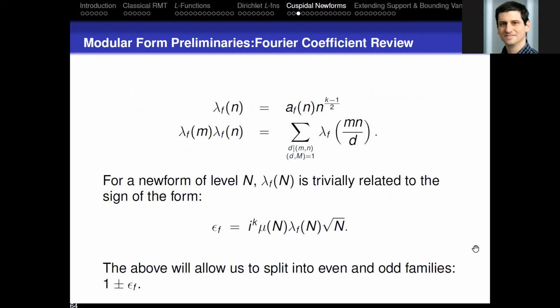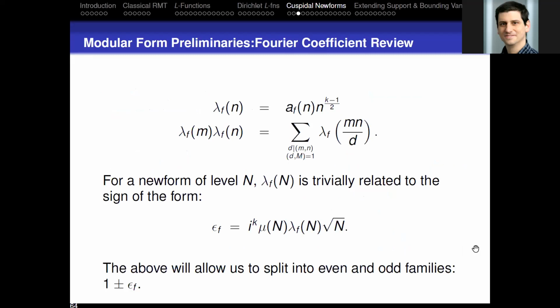And so, as I remarked, the Fourier coefficients have some remarkable properties. They're multiplicative. And it turns out that the sign of the functional equation, epsilon f, is basically a bunch of really nice numbers times lambda f of n, the nth Fourier coefficient. So if I look at 1 plus epsilon f, that's going to be equal to 2 if the sign is even, if the sign is 1. If the sign is odd, I get 0.